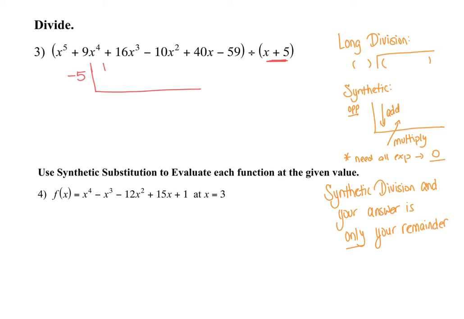So my coefficients are 1, 9, 16, -10, 40, and my constant. I add down and I multiply up. So I'm going to add down, which is a 1, multiply up. -5 times 1 is -5. And I'm going to do that all the way down this particular question here.